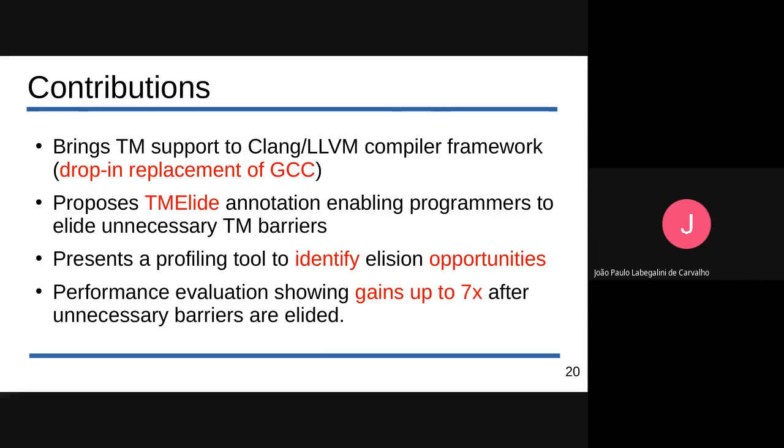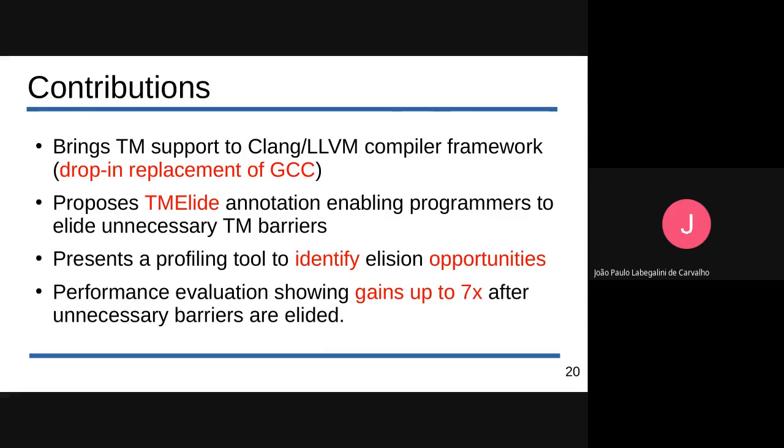with Clang. Second, we propose a transactional memory annotation that helps programmers to elide memory barriers from transactional code, and they can be very easily used, as in the previous example.